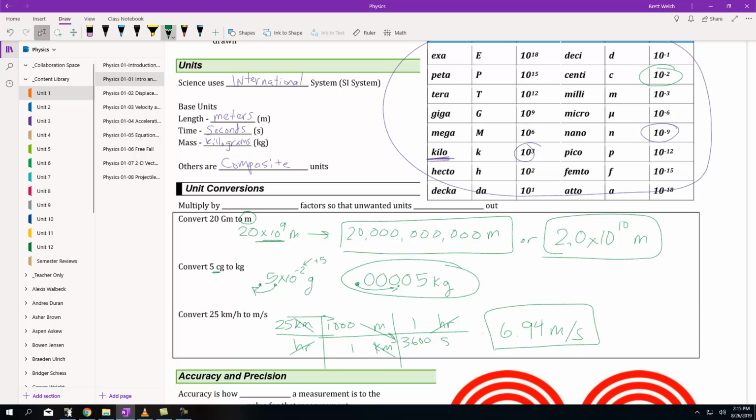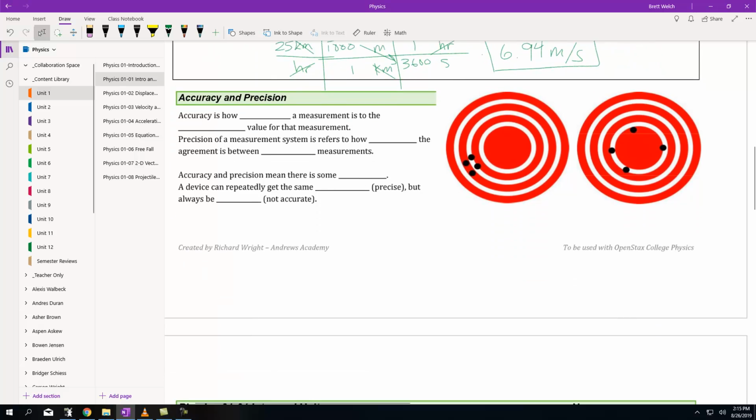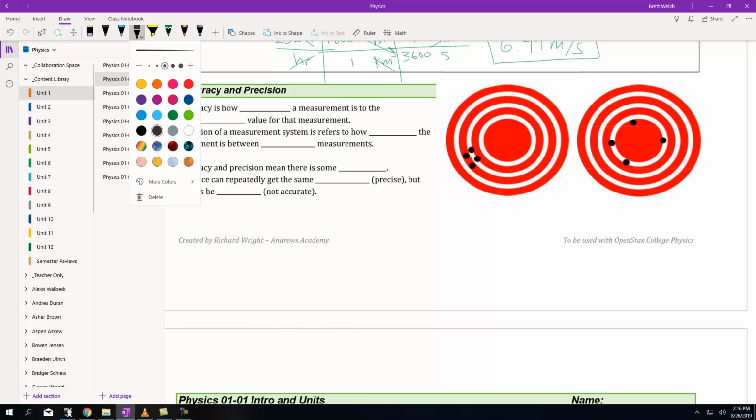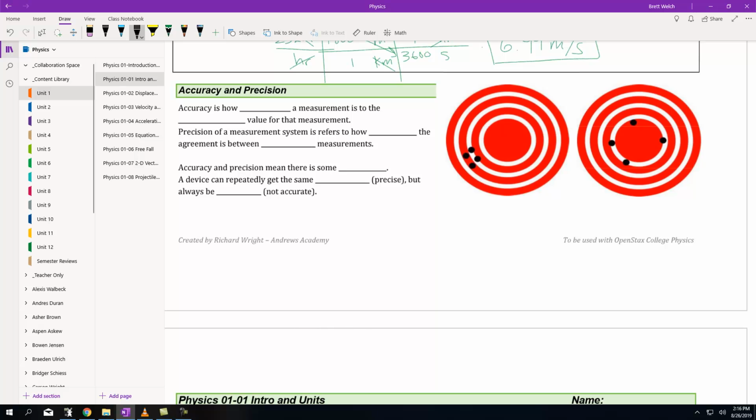As we keep going through looking for more information, we're going to talk about accuracy versus precision. Accuracy is how close a measurement is to the accepted valued statement.